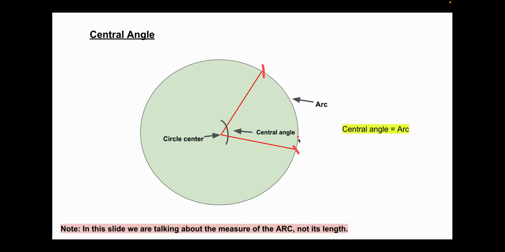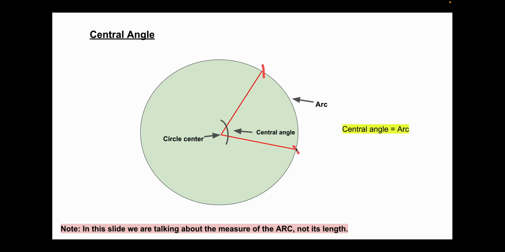We're talking so far about measurements of the arc. We're not talking about lengths of an arc. We're talking about measure of an arc, which is the portion of the circle that this arc covers. Let's call it a slice. This arc covers this measure or this portion of the circumference.